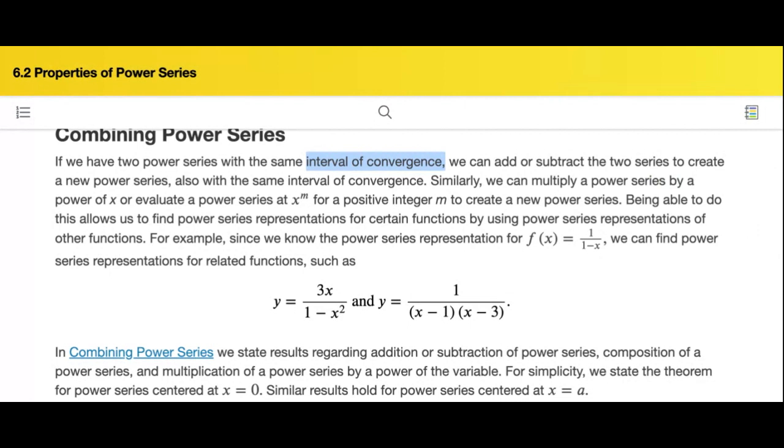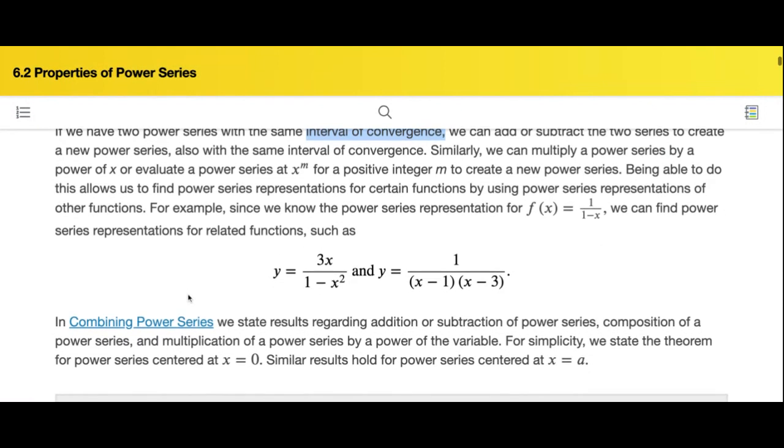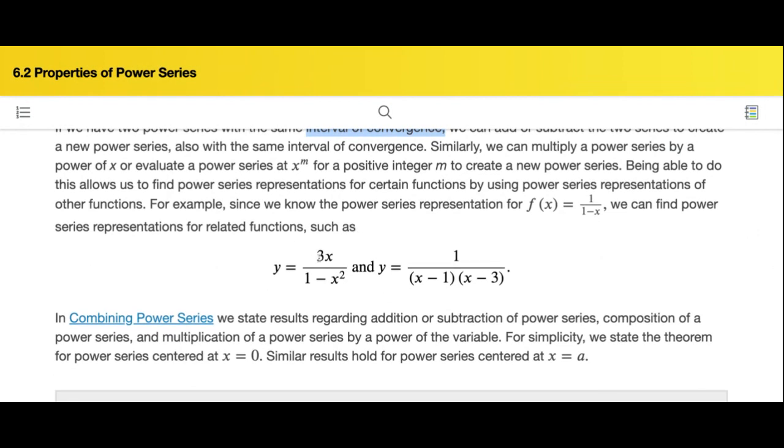Similarly, we can multiply a power series by a power of x, or evaluate a power series at x raised to the m for positive integer m, to create a new power series. Being able to do this allows us to find power series representations for certain functions by using power series representations of other functions. For example, since we know the power series representation for 1 over 1 minus x, we can find a power series representation for related functions such as 3x over 1 minus x squared, or 1 over (x minus 1) times (x minus 3).